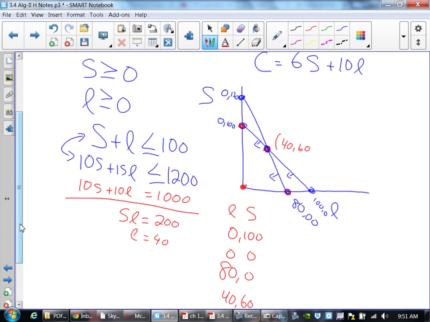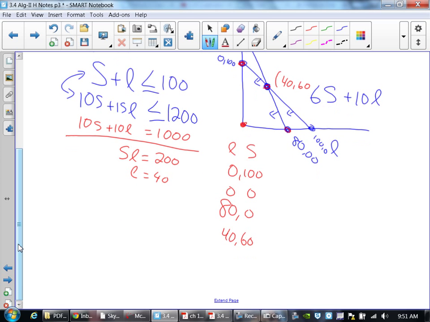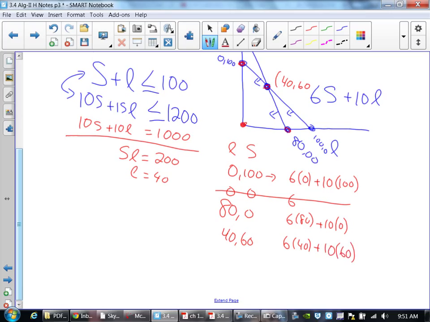So if you had your profit function, just bring that down. So that means we can say 6 times 0 plus 10 times 100. No, we know this one's not going to work. 6 times 80 plus 10 times 0. 6 times 40 and 10 times 60.